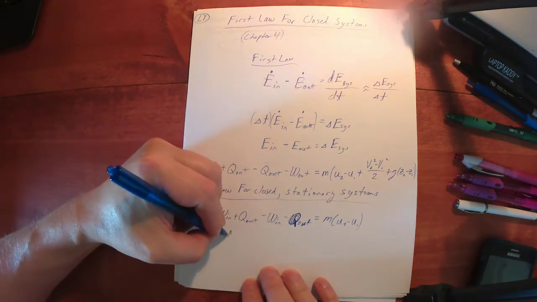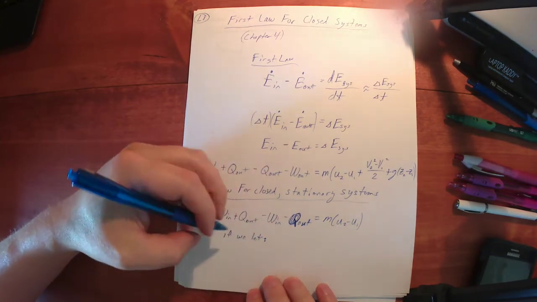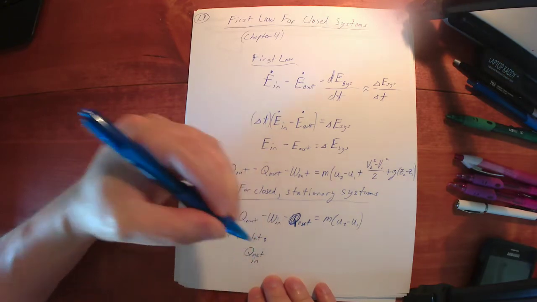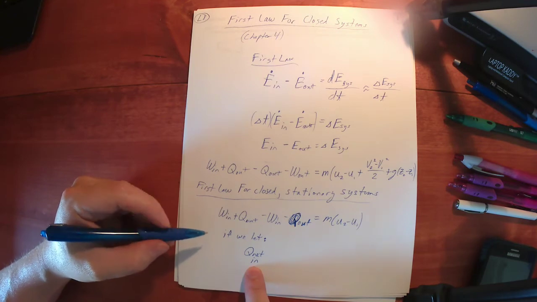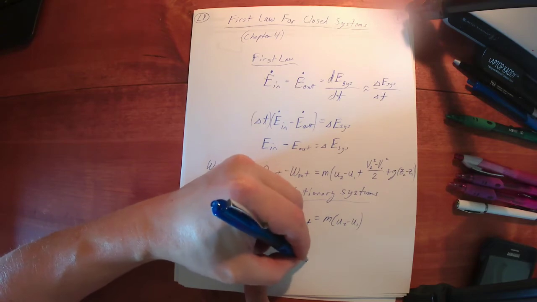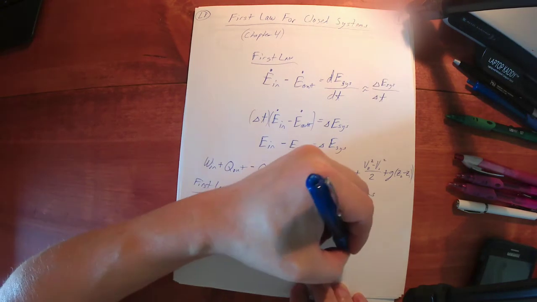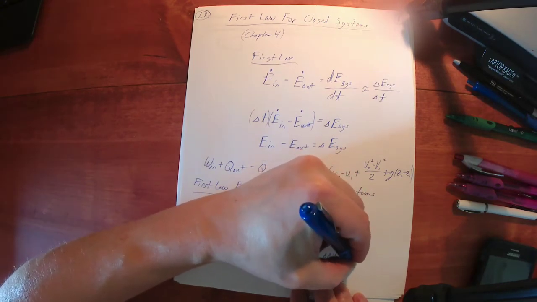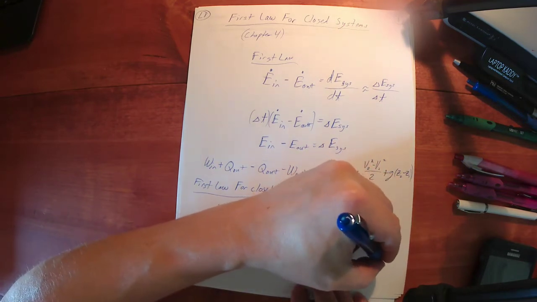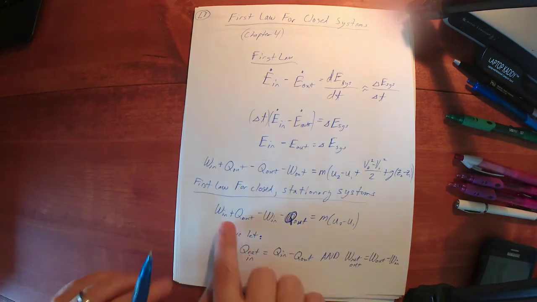Now, let's do a couple of things here. If we let a quantity we call Q net in, basically the total heat into the system, and we say that's equal to the heat in minus the heat out, and we let a quantity we call W net out equal W out minus W in, then I can rewrite this equation here.